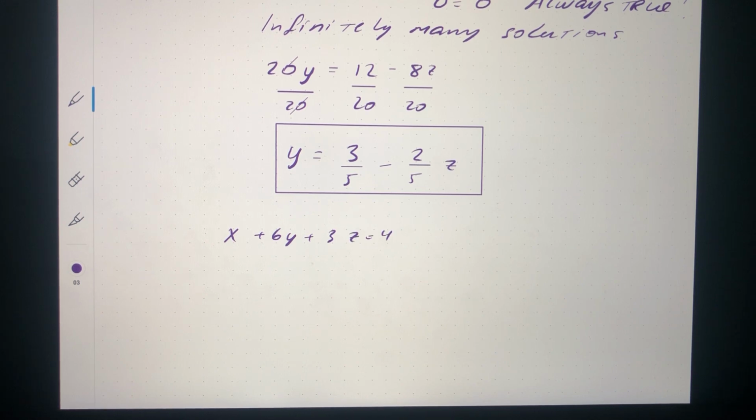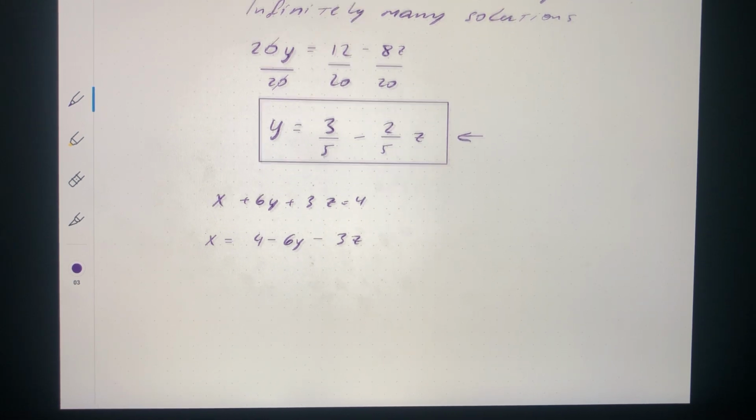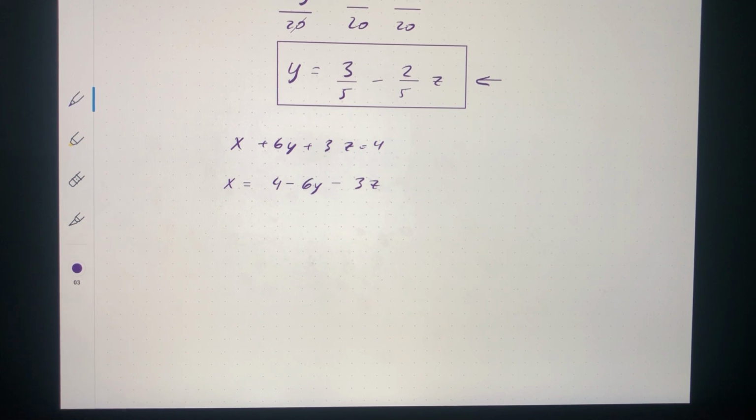So getting x by itself, we minus the 6y and we minus the 3z from both sides. But we know that y is equal to 3/5 minus 2/5 z, and we replace it and simplify further.